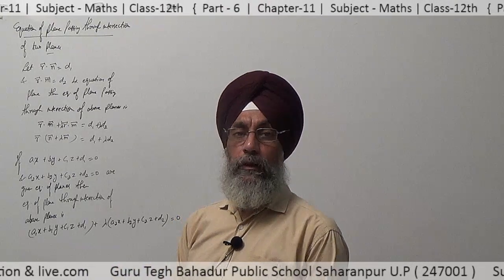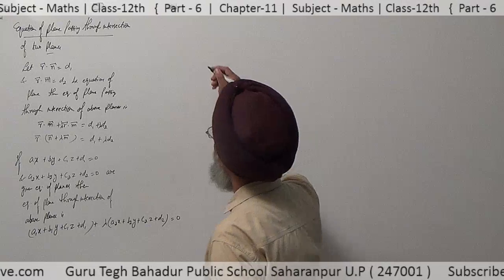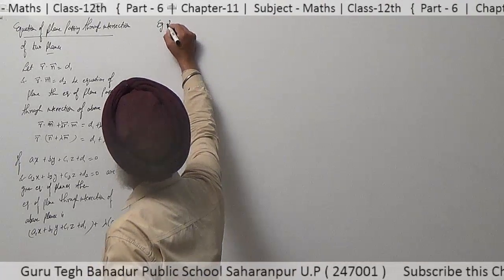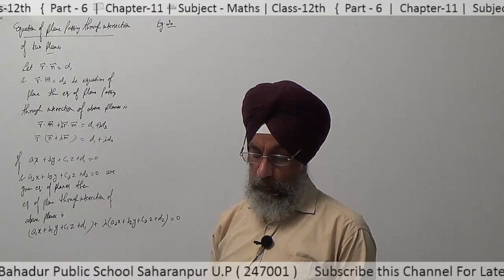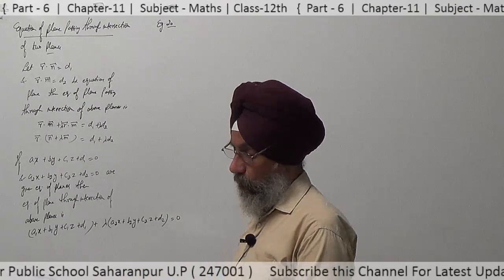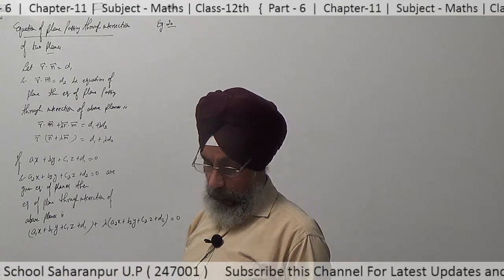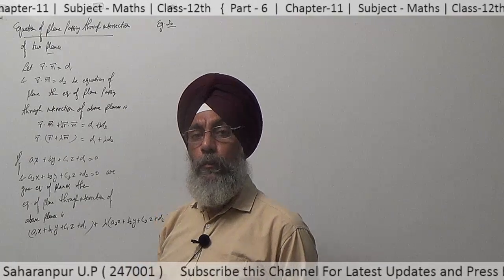Based on this, we have example number 20 on page number 486 of your NCERT. Find the vector equation of the plane passing through the intersection of the planes and the point 1, 1, 1.